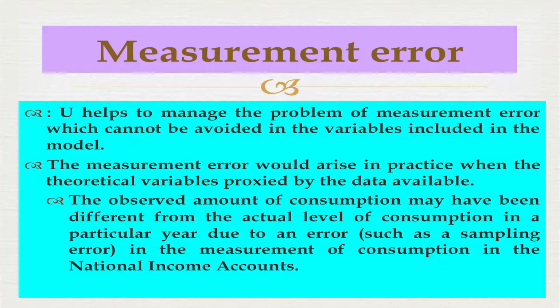The observed amount of consumption may be different from the actual level of consumption in a particular year due to an error such as sampling error in the measurement of consumption in national income accounts.